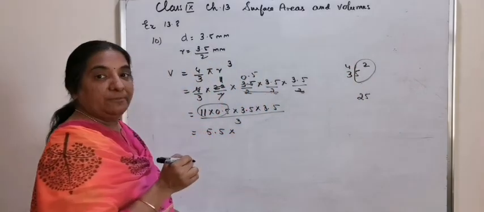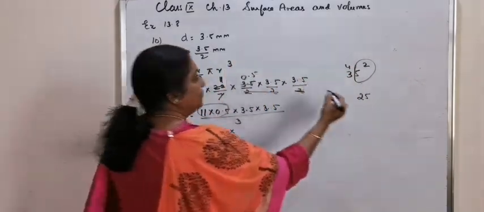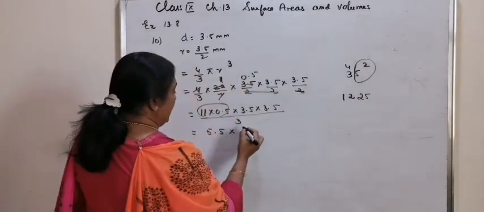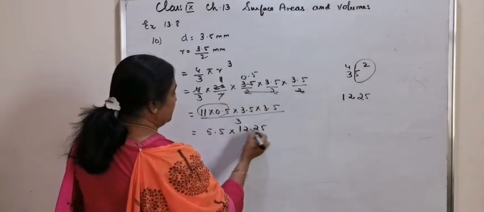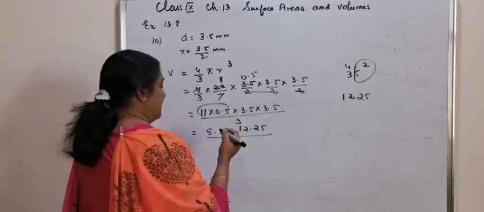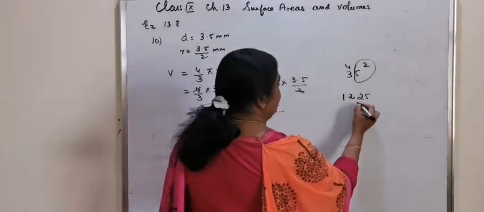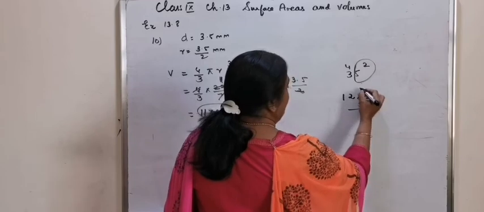The next whole number to 3 is 4. 3 into 4 is 12. So similarly, here it is 12.25 divided by 3. So into 5.5.